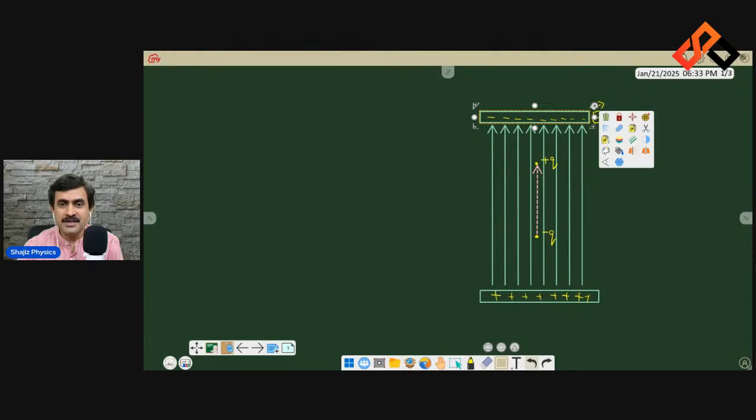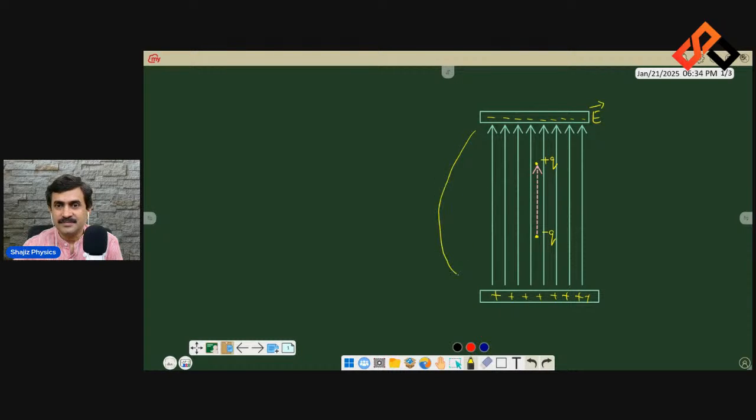At the end region, the field lines will be slightly bulging outwards when they reach the end. But obviously, in the mid region, the electric field will be uniform. The field lines will be parallel, equidistant, and unidirectional. Okay, that's it. Now, let me clear this one.